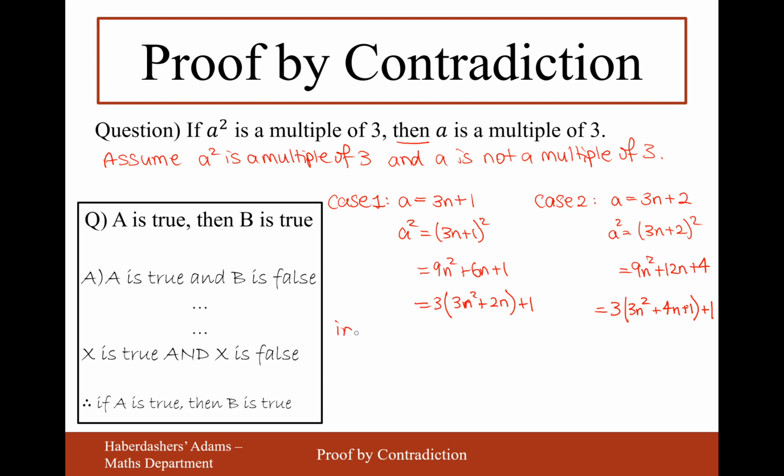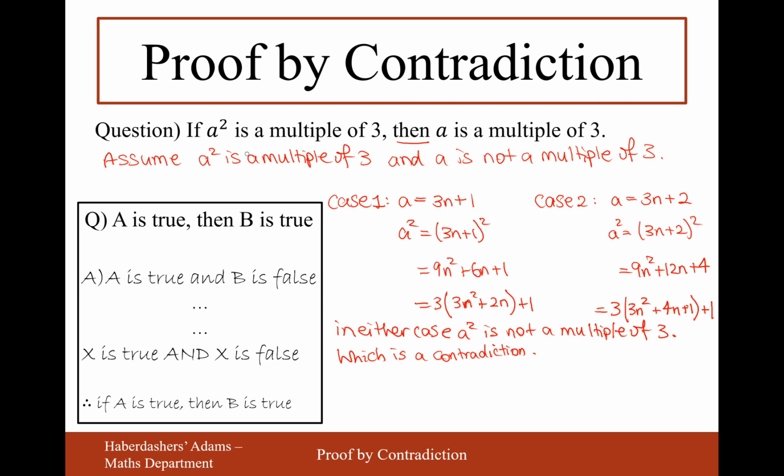In either case, a squared is not a multiple of 3. Which is a contradiction. So there we are.